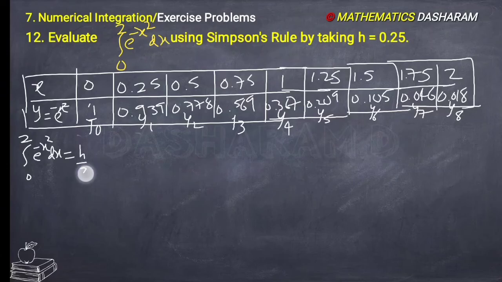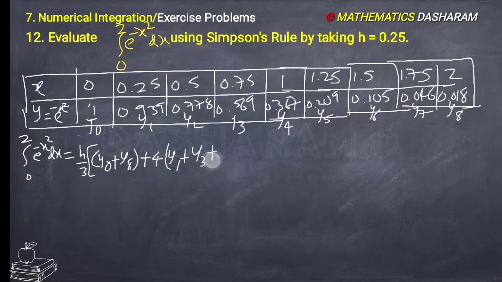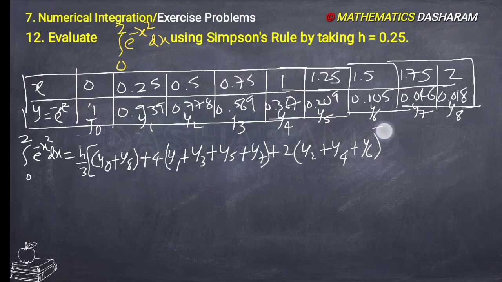So h by 3 bracket of sum of the first and last ordinates, so y0 plus y8, plus 4 into sum of the odd ordinates, y1 plus y3 plus y5 plus y7, plus 2 into sum of the even ordinates, y2 plus y4, y6, and substitute the values in this.